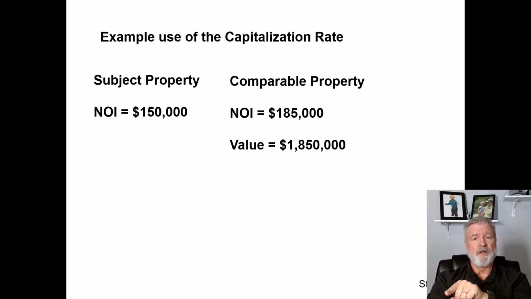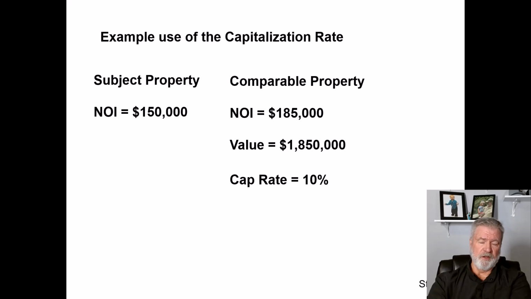Remember the formula. Net income divided by the value, and that would give you the cap rate. So $185,000 divided by $1,850,000, that gives me a cap rate of 10%. Right? So now I know what the cap rate is for this market. All I got to do now is plug that into my subject property.